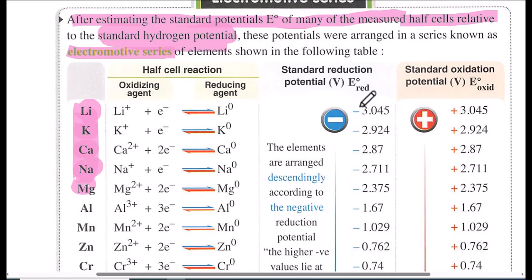It is the lowest reduction potential, because minus here means not accepting electrons but releasing electrons. So as the reduction potential decreases, the reducing effect of this element increases. The lowest element in the series in the value of standard reduction potential is lithium, and it is a strong reducing agent.